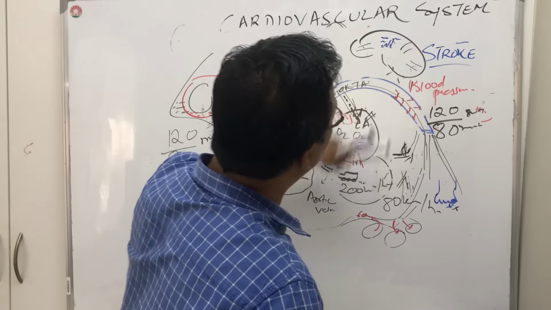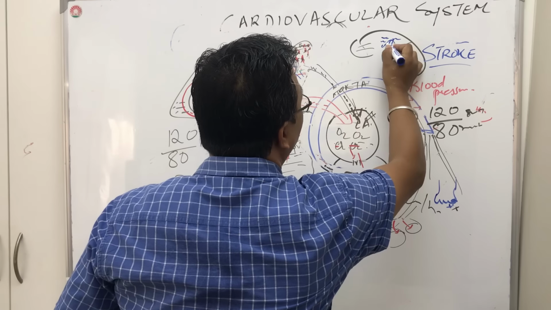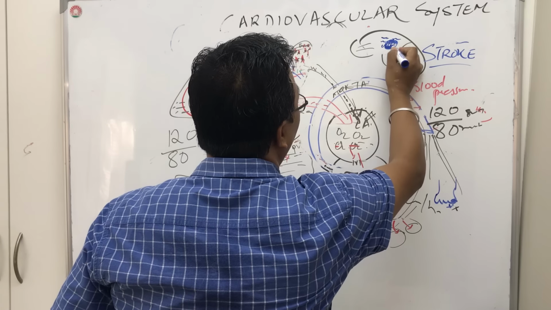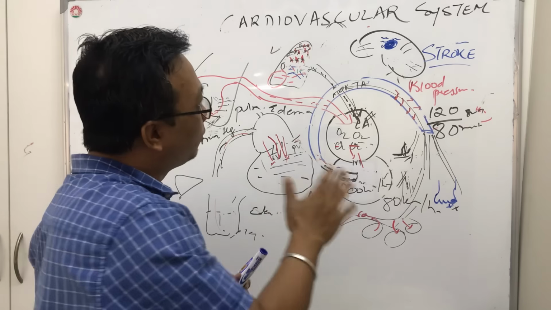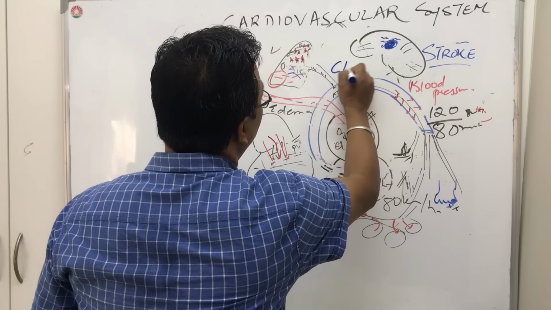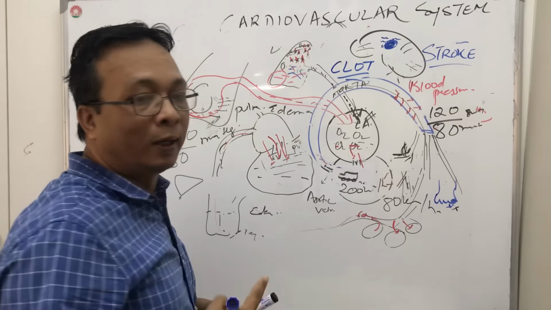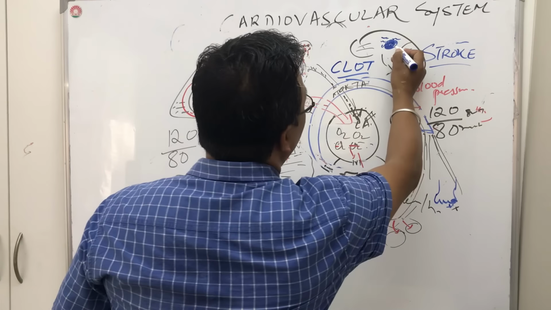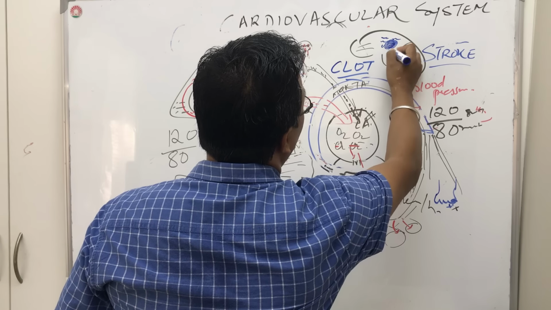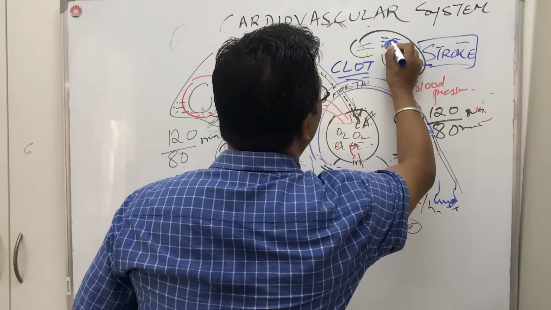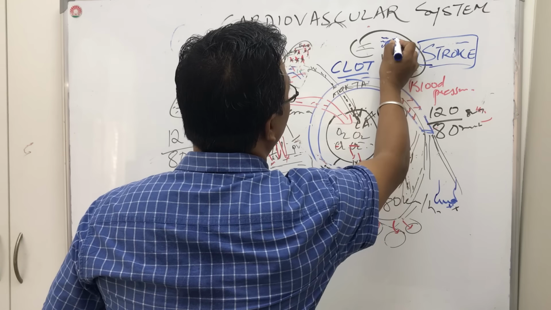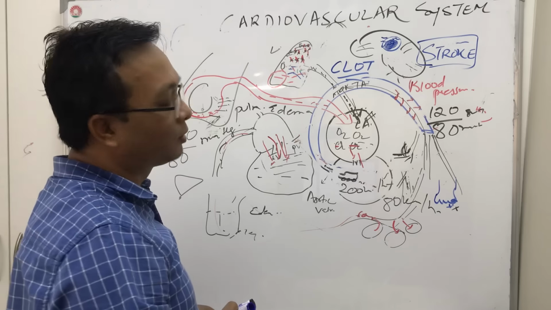Okay, so blood has come out. Now when the blood comes out, it will bleed, right? Blood has a tendency of clotting. Every drop of blood, when it goes out, becomes a clot. I'll tell you why it becomes a clot in the next class. So it becomes solid now. We call that a stroke, because where it becomes solid, it will affect that part of the brain, which has some functions.